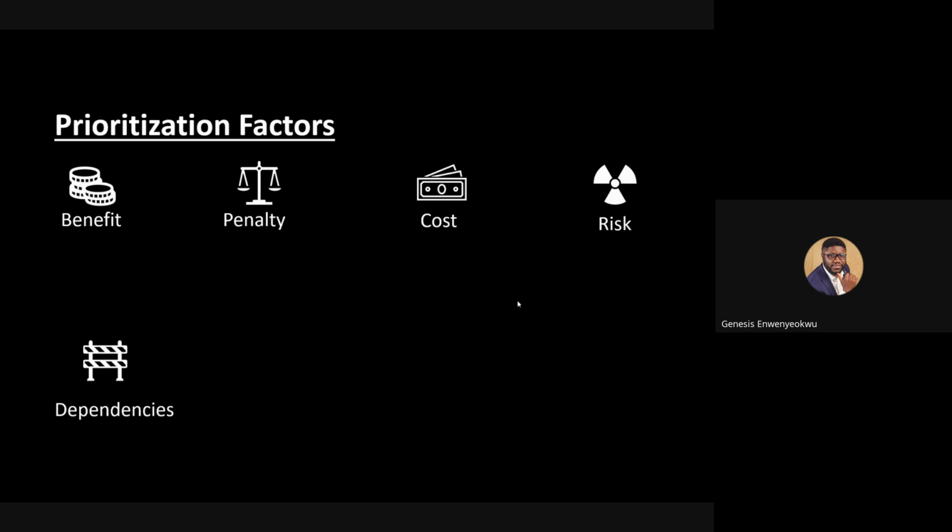If you don't get up and go to the kitchen, probably take something from the fridge or prepare something, you won't be able to eat. So even though you have prioritized eating as something to do, there's a dependency that you also need to prioritize first before you implement eating.